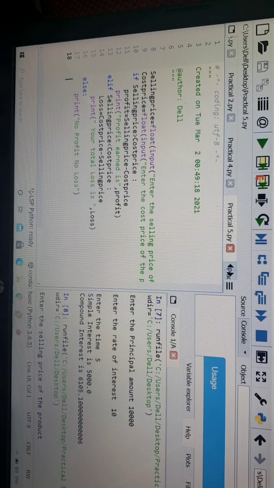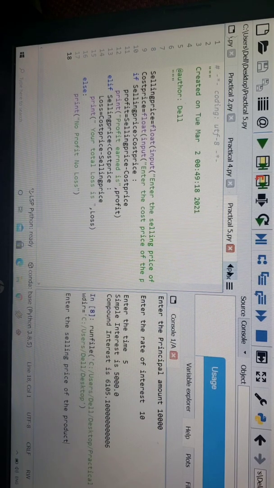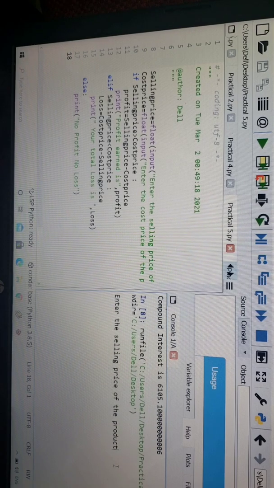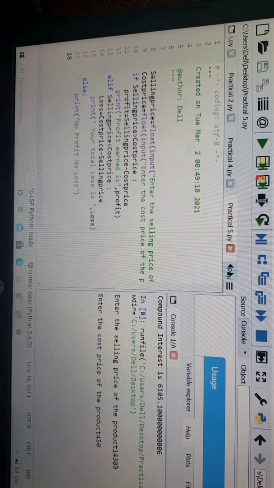We need to enter the selling price. Okay, cost price. So here you can see that, okay, loss. Why is it a loss? Because the selling price is 14,300, whereas the actual cost of the product is 45,000.